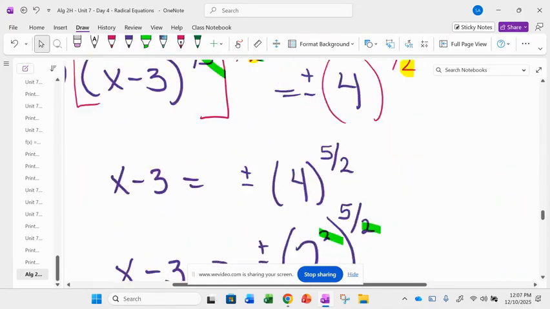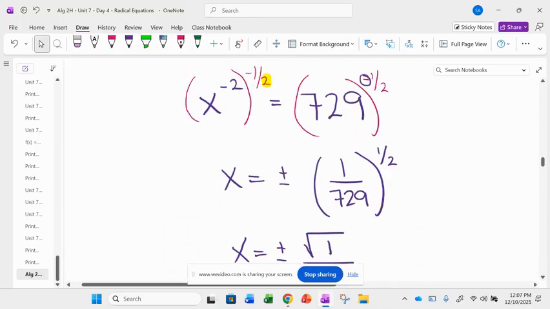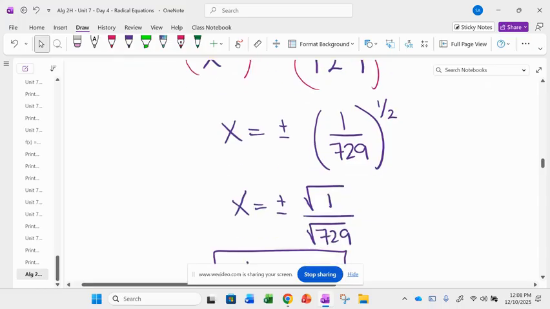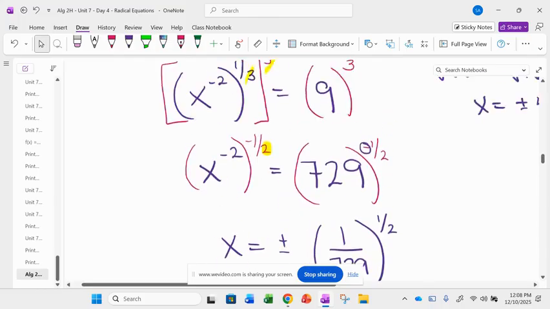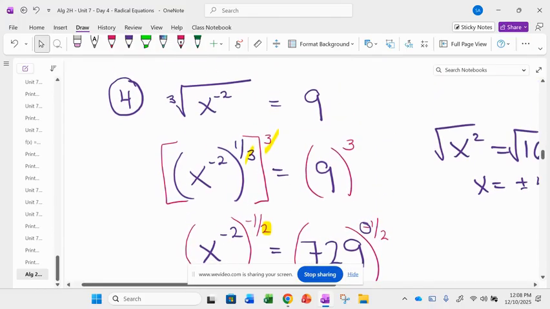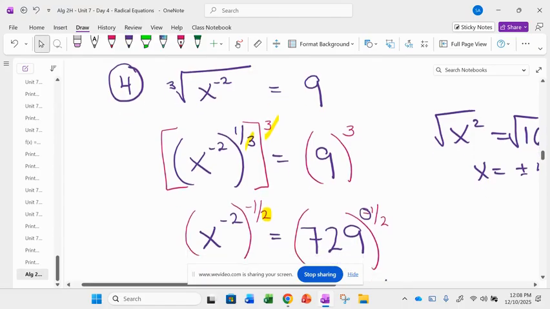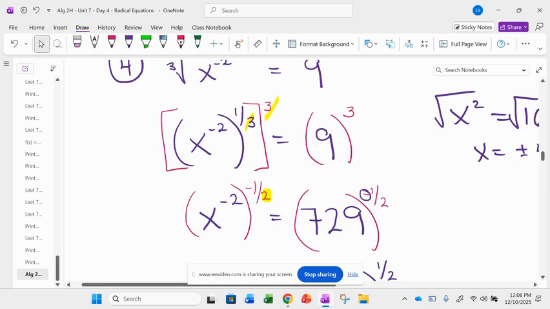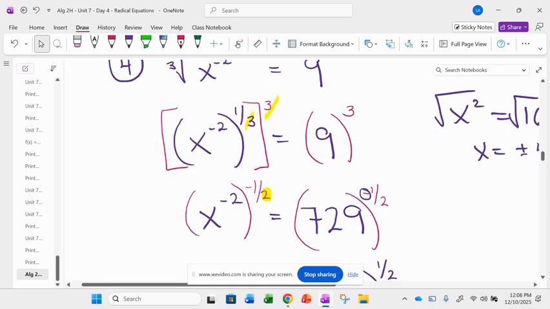I can't think of the exact one, but something sometimes will happen. Oh, did I have one where it worked out like that? No, in number 4, it should have worked out because you would have gotten negative 2/3 and then you would have multiplied by 3/2. So then you still should have gotten the plus minus for that one.